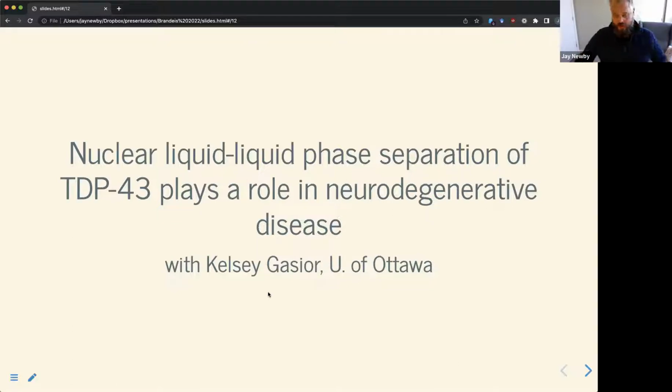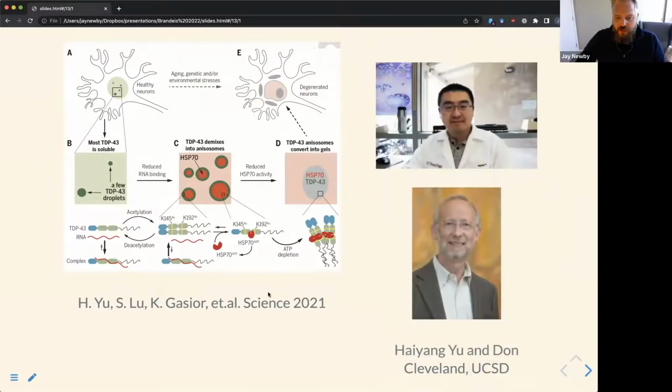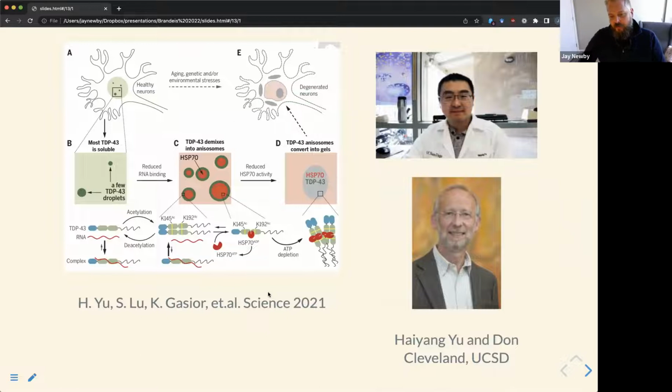So we were contacted based on a paper that we wrote by these individuals, Ying Yu and Don Cleveland at UCSD. Our work, we noticed that if we mix chemistry with the concept of phase separation, we could get patterning, you could say, or organization inside of the condensate itself.